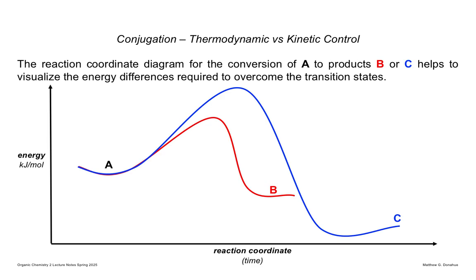So to visualize the reaction, as we said, A going to B plus C, we have the reaction coordinate. And again, the x-axis is a time element, and the y-axis is energy. So here are our starting materials.